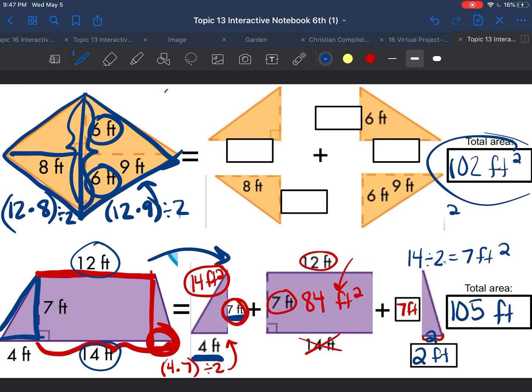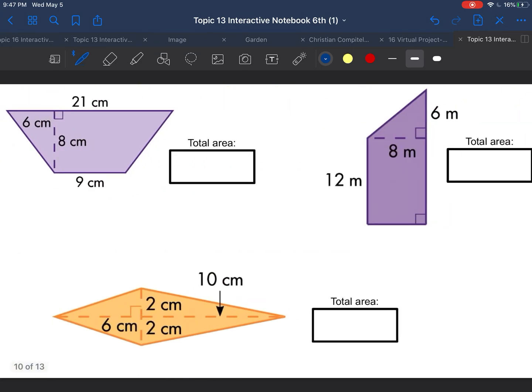So what you are going to do now independently is complete these 3 problems. What I would suggest, because this is virtual and it's a little bit harder since I like to have my students use pencil and paper, is to draw the shapes out on a scrap piece of paper.